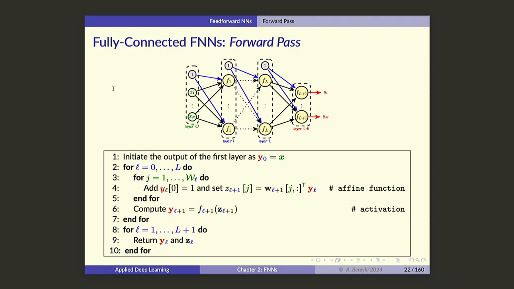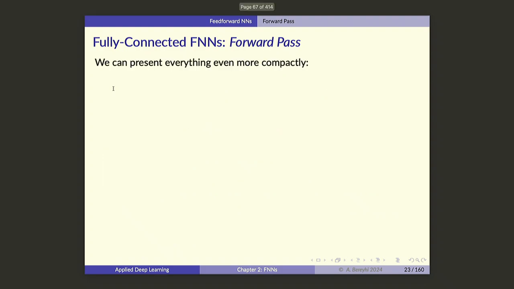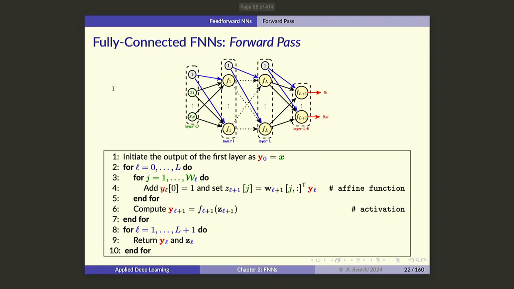Okay, now one thing that I can do to ease the notation here for you, and we are going to stick with that from now on, is that I can even write it down in a more compact form. Now, how can I do it? Let's look at the output here, okay? So let's just look at these z values, these affine transforms, which are basically the inner product of those weights with the output of the previous layer, right?